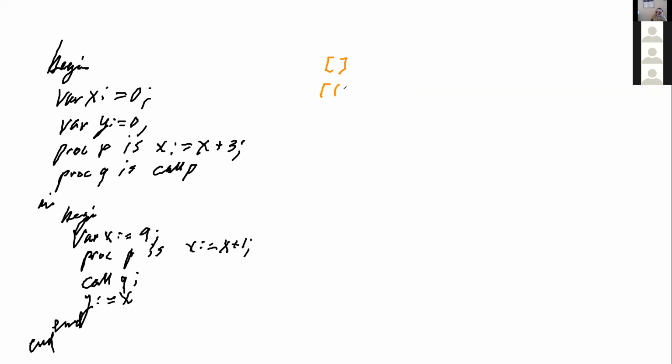So I'll write it like this: we have an environment where X points to location 0, and the value in location 0 is 0. This is the environment, and this is the store. It's still empty, and then there's one location with 0. So X points to location 0, and stored in location 0 is a 0.